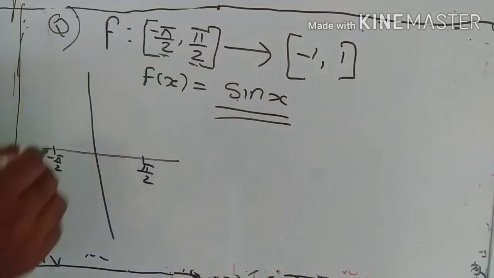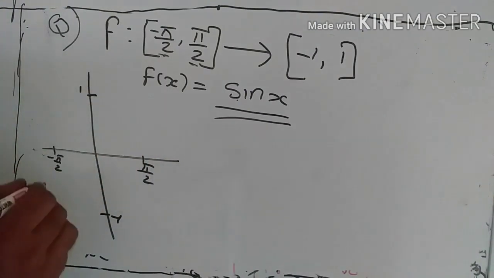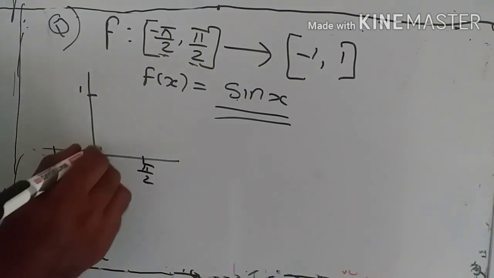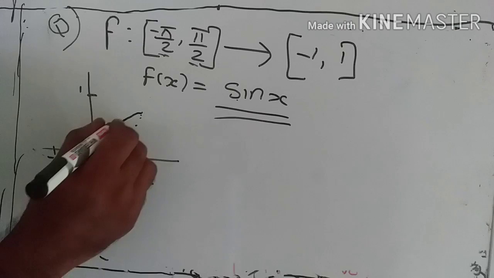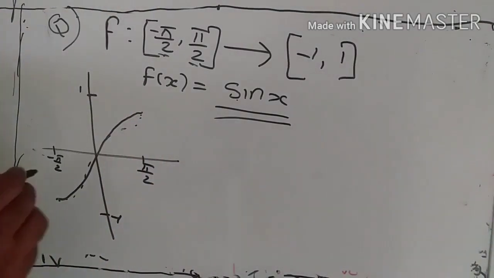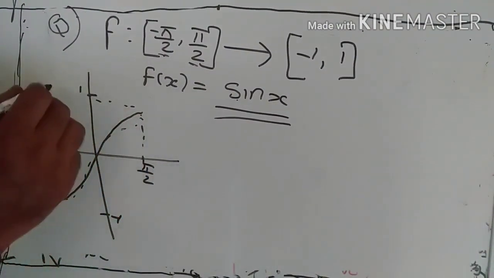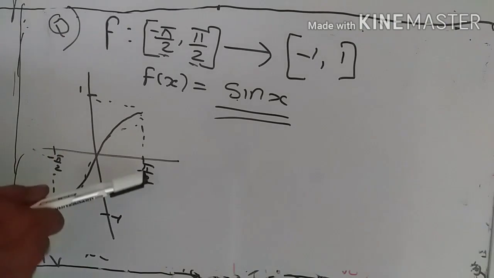So sin(-π/2) is equal to -1 and sin(π/2) is equal to 1. So that is the graph of sin x in the interval -π/2 to π/2.